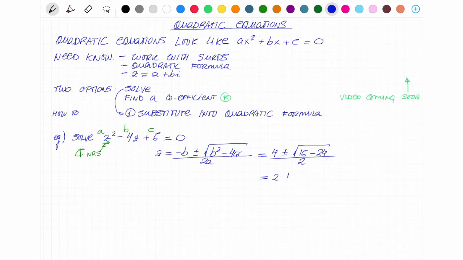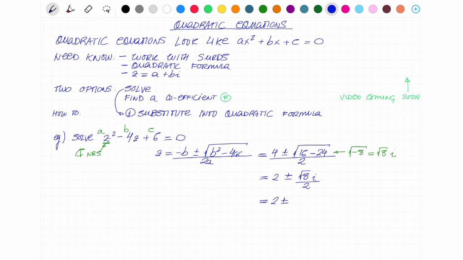So I'm going to break the fraction. 4 over 2 is a 2, plus or minus. Now this discriminant is what's going to give me trouble, because the square root of minus 8, but now you know that that's the square root of 8i, so I'm going to put it here, and all of that divided by 2.